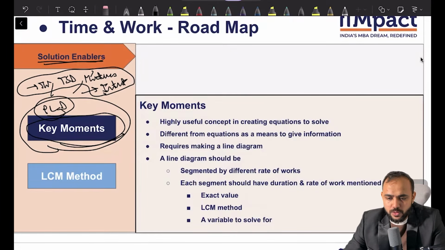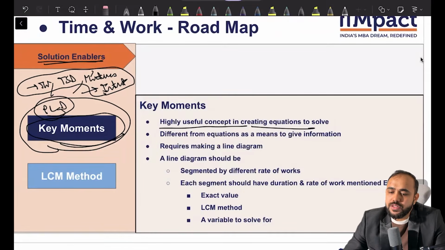You learn it here, you can use it anywhere. So it's a highly useful concept in creating equations to solve. This is an enabler. It helps you make the equations. Now this is obviously going to be different from the equations which are given to you as a means to solve. This requires making a line diagram.